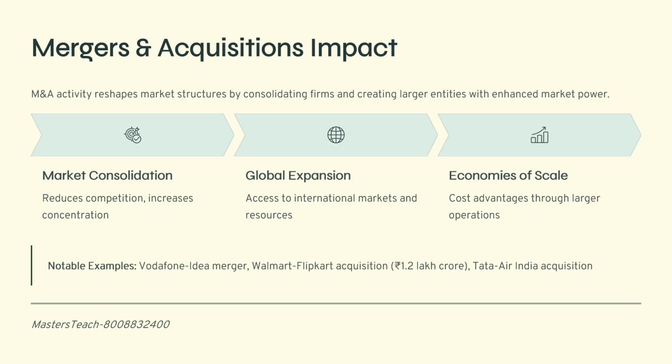If two companies merge or one acquires the other, competition will be reduced and they'll get good profits. Then global expansion: if you want to tie up with other global companies, you have to tie up with international market resources. Then economies of scale, so you get cost advantages through large operations.